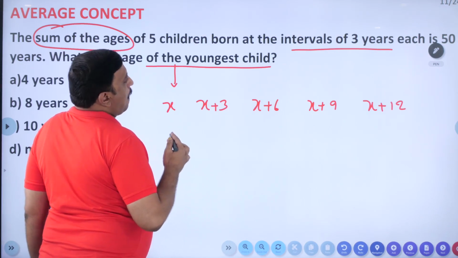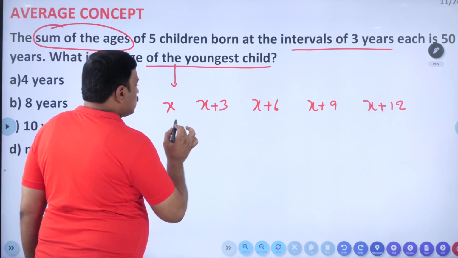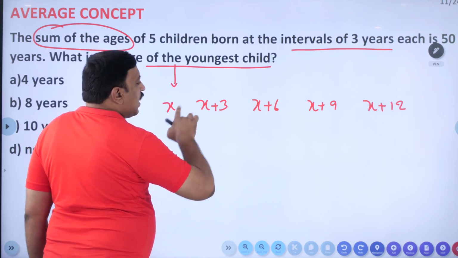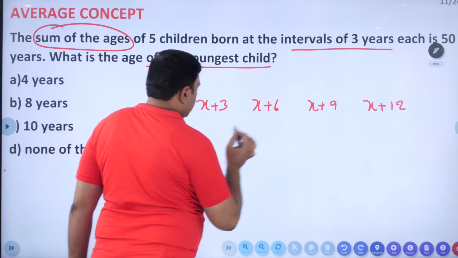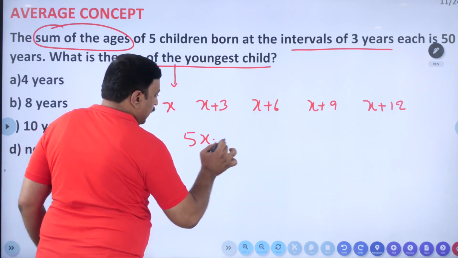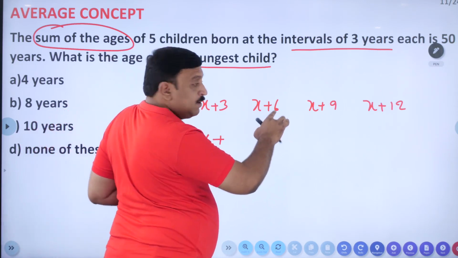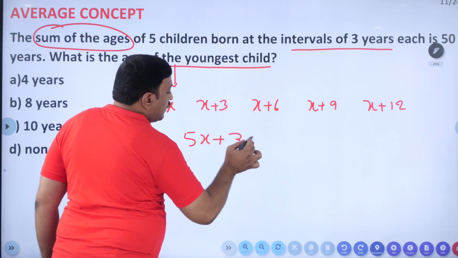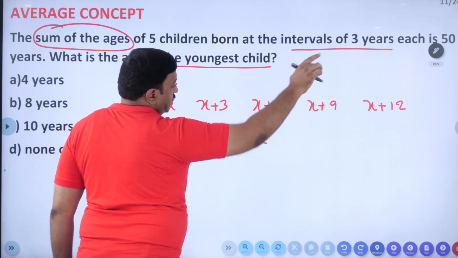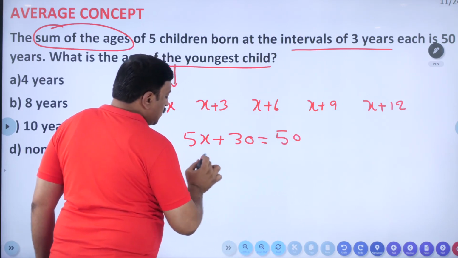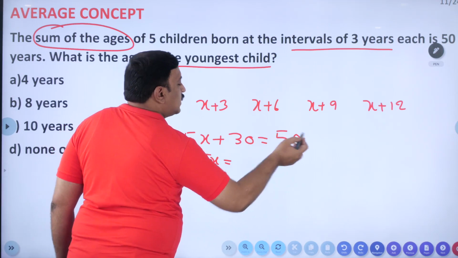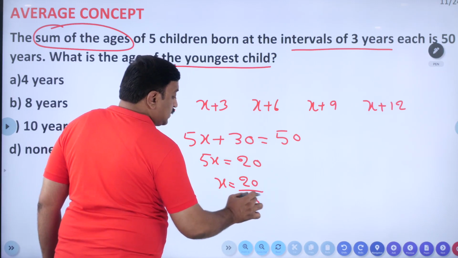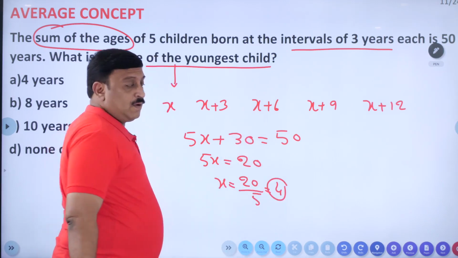See, if I add all of them, all the x will be added, 1, 2, 3, 4, 5, that is 5x plus directly 3 plus 6, 9, 9 plus 9, 18, 18 plus 12, that is 30. Right? 5x plus 30 is equal to how much? The sum of the ages is 50. Okay, 5x is how much? It is 50 minus 30, that is 20. X is how much? 20 by 5. So it is 4.